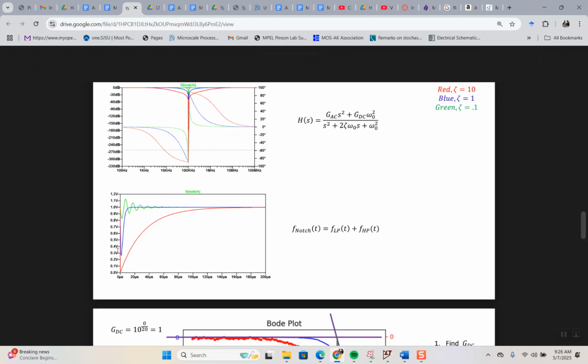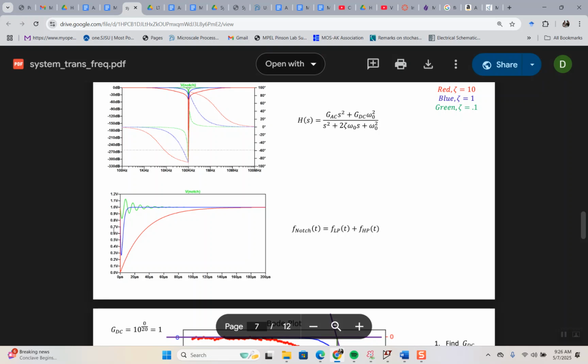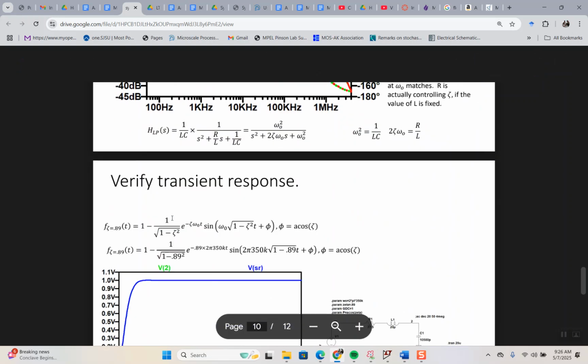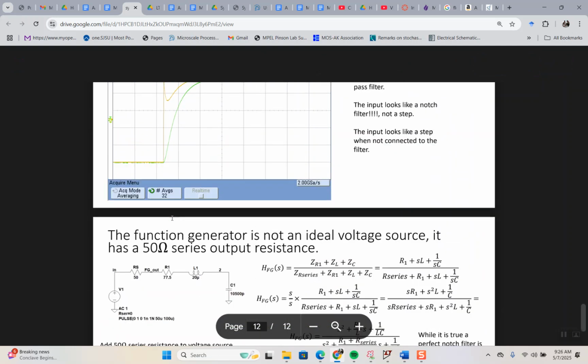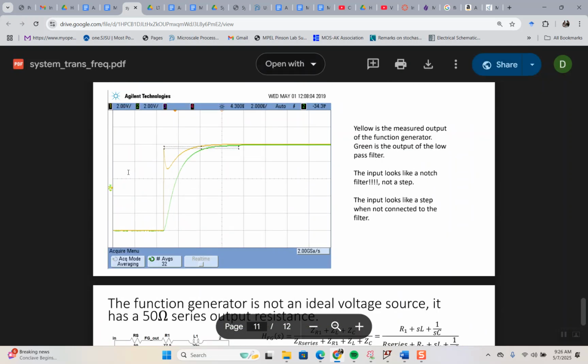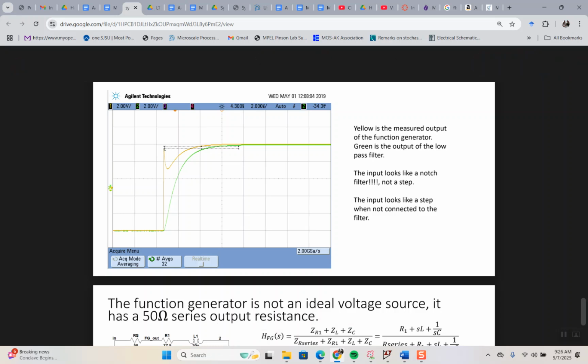It's very hard. You see that there's blue right here, and it goes down and comes back up. If I expanded that shape, okay. But how do I know it's a notch? Well, it's passing the edge, that's the high. And it's passing the DC, that's the low pass. And it's not passing in the middle, that makes it a notch.